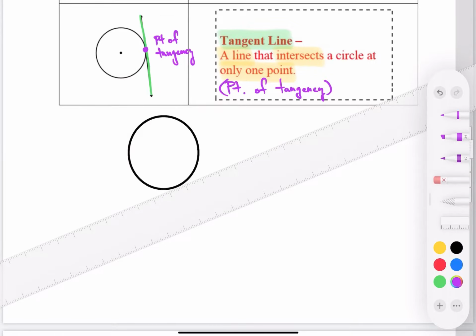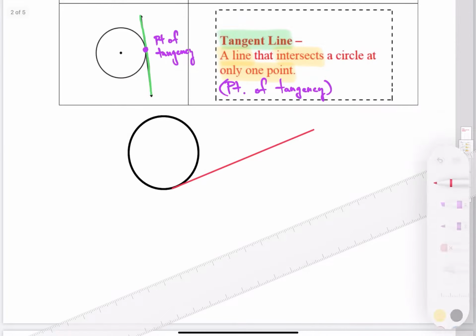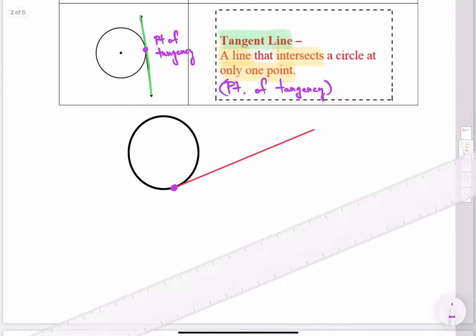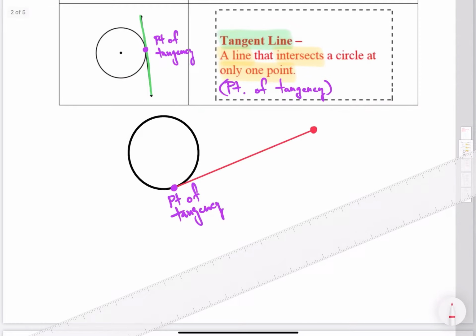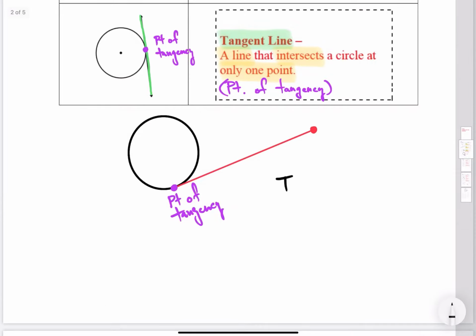So for example, if I draw a line here, the point of tangency has to be one of my endpoints. The other endpoint could be over here somewhere. So this is an example of a tangent segment. The only difference is that the point of tangency must be one of the endpoints.